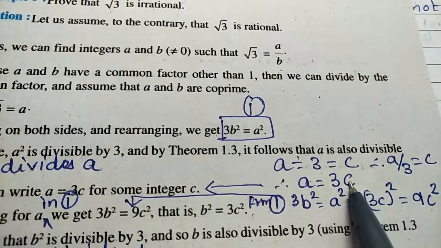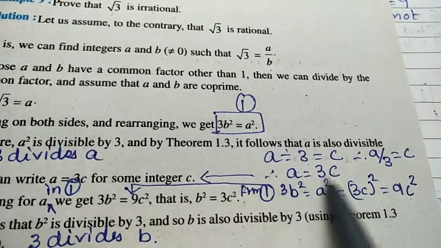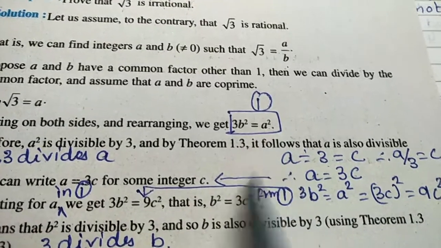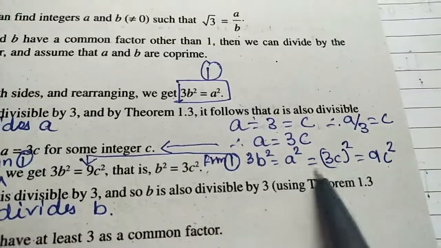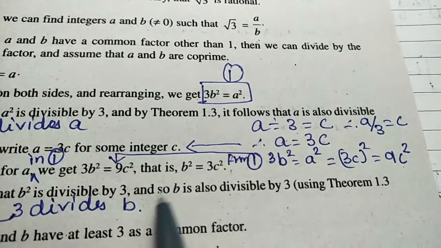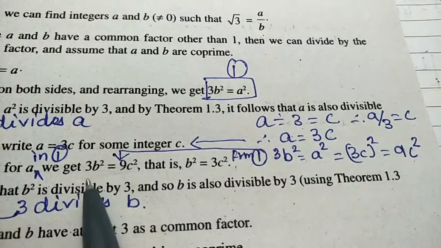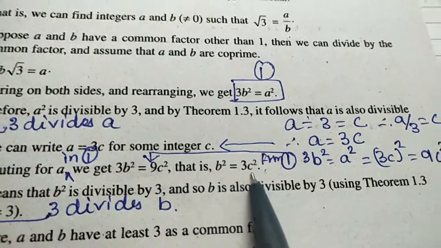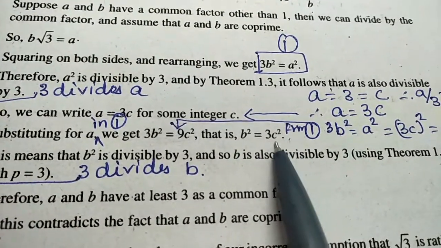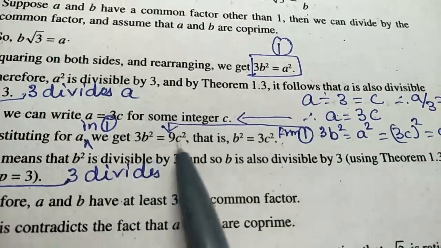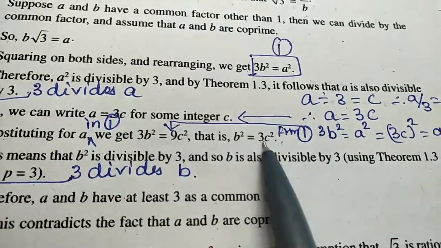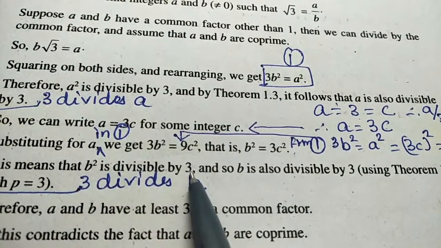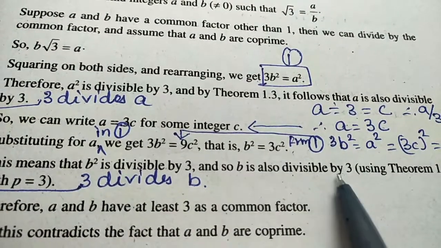So a is equal to 3c. Now substituting this value here, you get 9c square. So here what you will get is 3b square is equal to 9c square. Then you get b square is equal to 3c square, dividing 9 by 3. That means again b square is divisible by 3. So b is also divisible by 3.